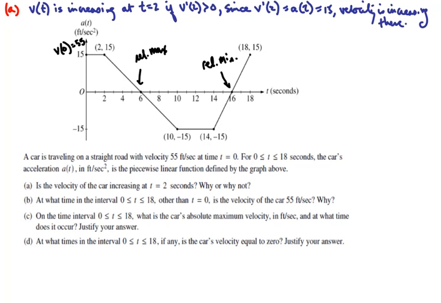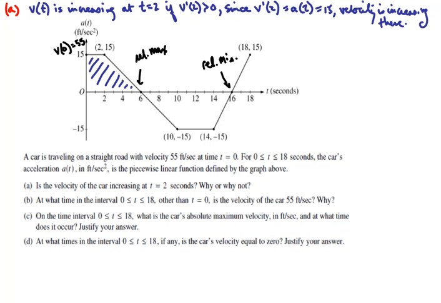Now to answer this question, you really want to use a geometric argument here. We start off at 55, and then we increase the velocity by whatever the area under that curve is from 0 to 6. After that we're going to start decreasing.